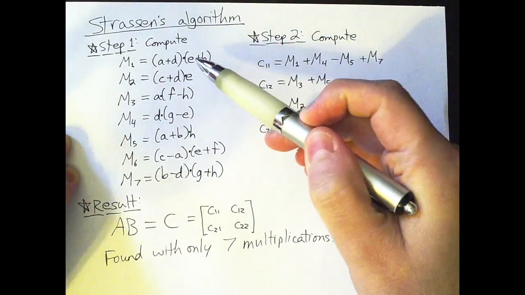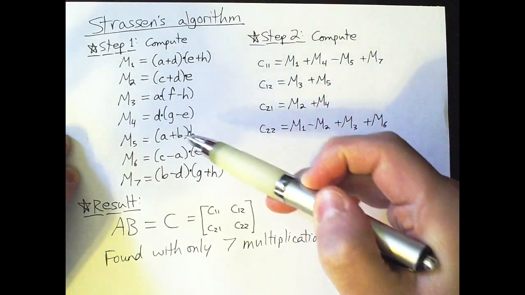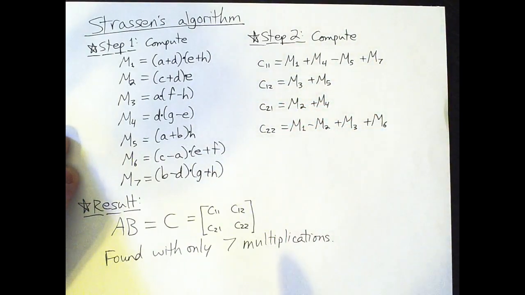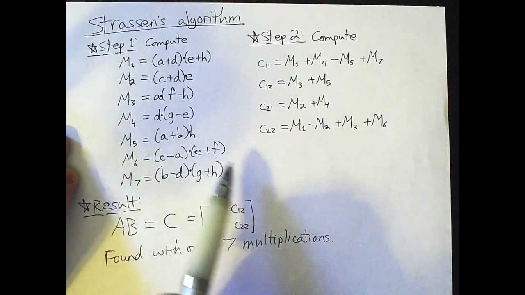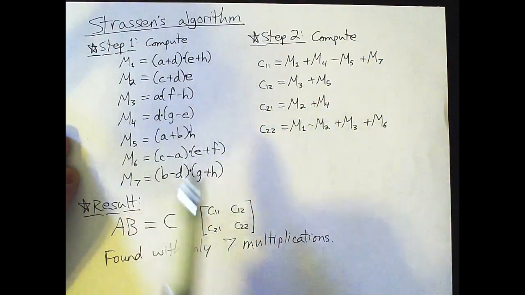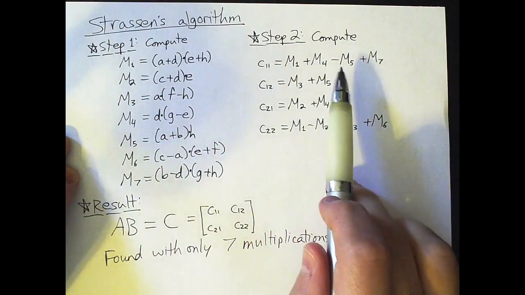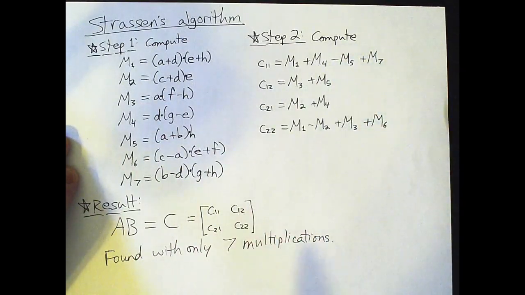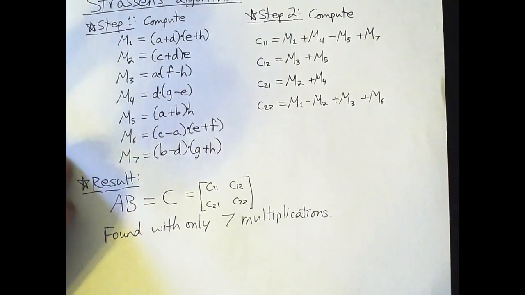So each one of these has exactly one multiplication of real numbers. So you do some adding, subtracting as appropriate, and then you do these 7 multiplications, you do some more addition and subtraction, and you just found a matrix product with only 7 multiplications.